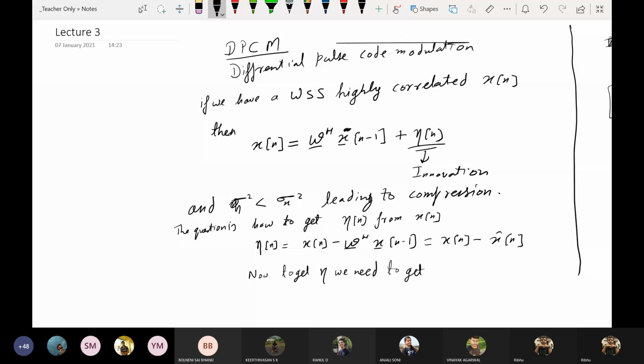So instead of 8 kilobytes per second, you get 3 kilobytes per second. And 3 kilobytes per second means the 480 kilobytes per minute gets reduced to 180 kilobytes per minute. Compression. Got it. Fine.